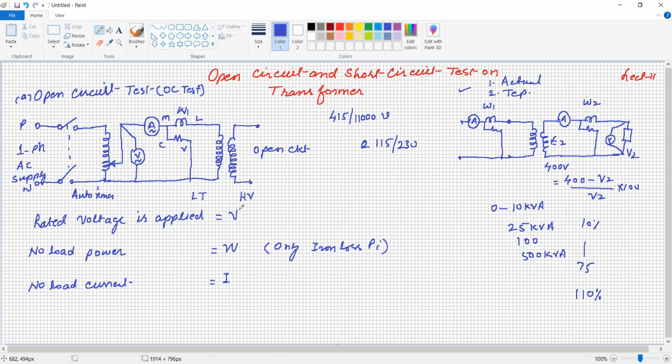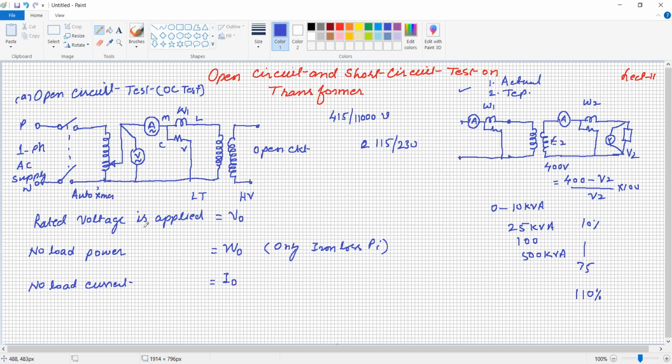For these parameters under the no load condition, we will use the suffix 0, which stands for open circuit. So it is V0, W0 and I0.